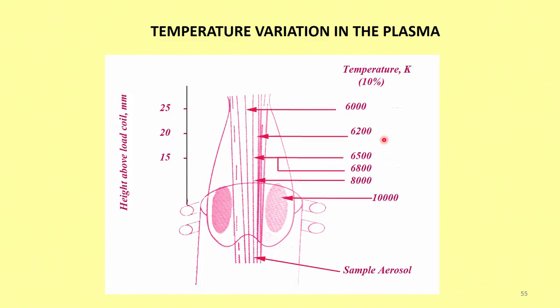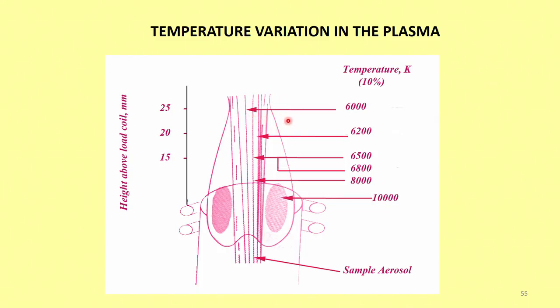You may say, why not measure it here itself around 10,000 or 8,000, but in general it does not make much difference, because only around the 6,000 Kelvin range do we make the measurement, because Bremsstrahlung will be less.